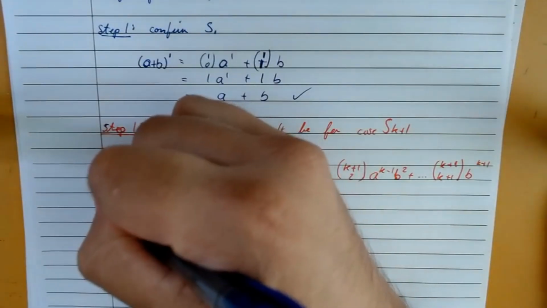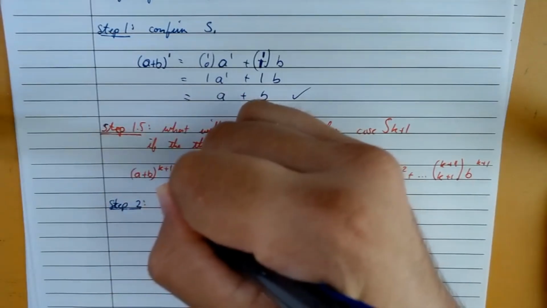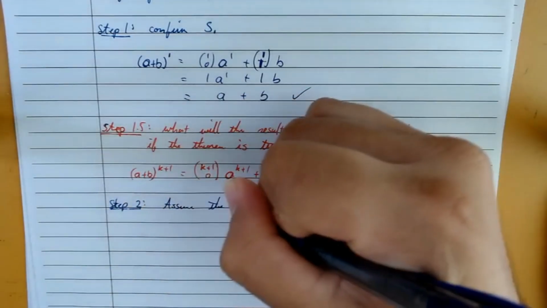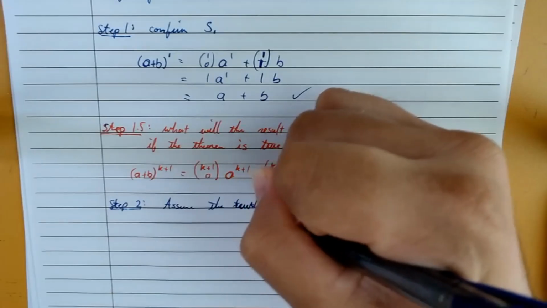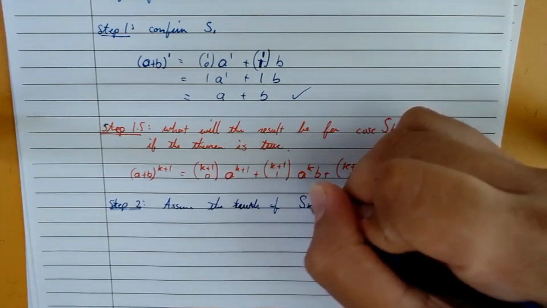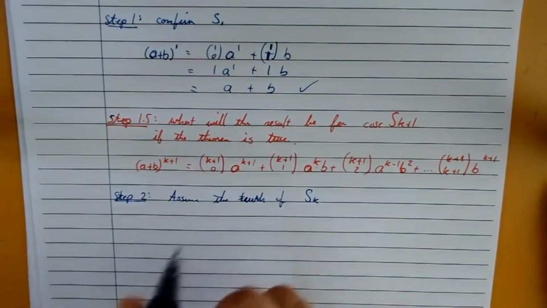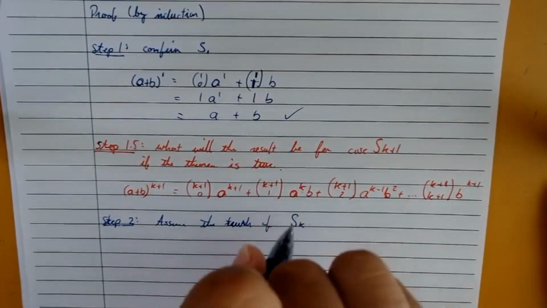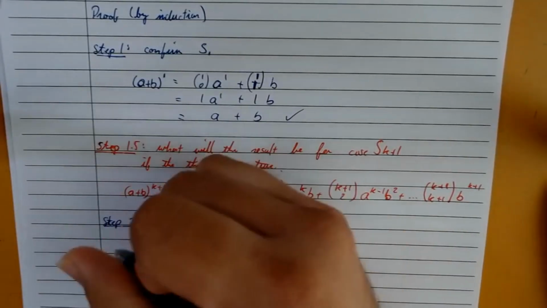So step 2. Assume the truth of case s sub k. All right, so let's say we know that this theorem is valid for some case, which we do. We know it's true for at least case number 1, right? So that would look like this.